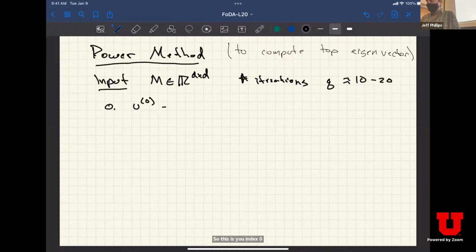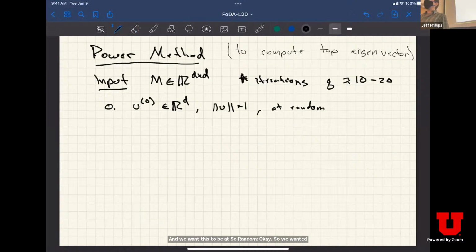This is going to be in R^D, and we want this to be a unit vector, and we want it to be random. So we want to generate a random unit vector.